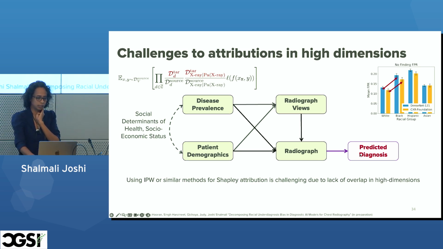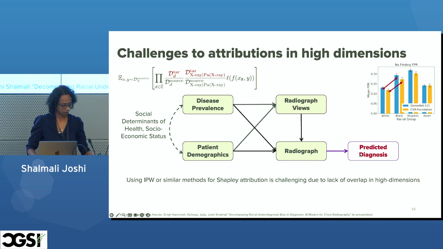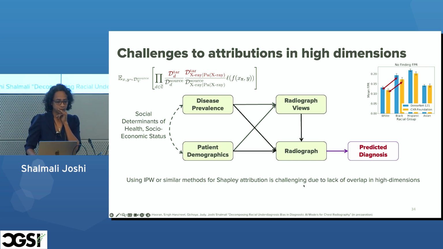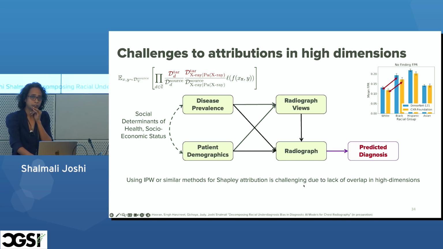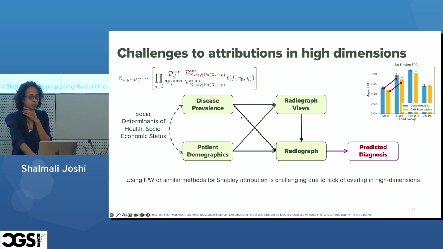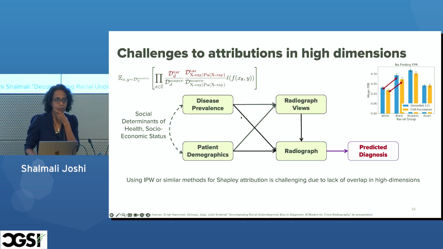Now the challenge to attributing blame to any of these in high dimensions is that we are stuck with massive chest X-rays. And this creates a problem for us when we are actually using methods like IPW or reweighting to come up with the attributions.